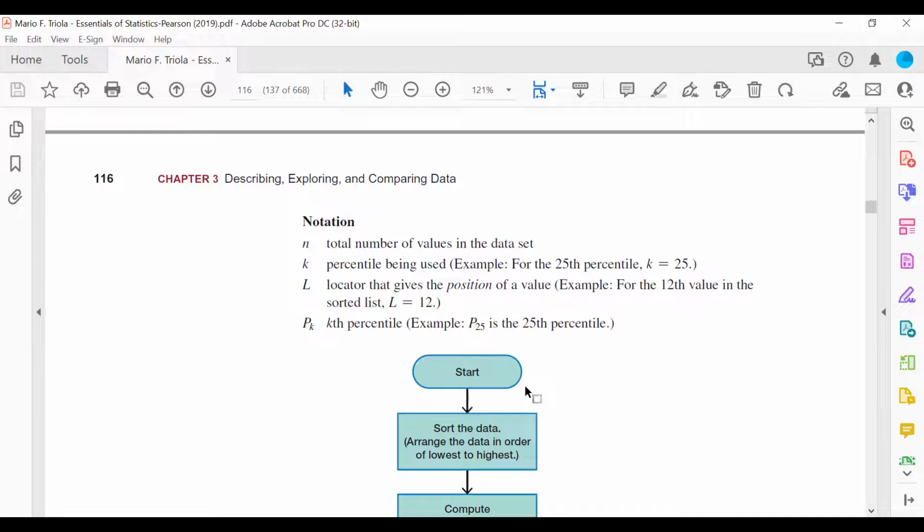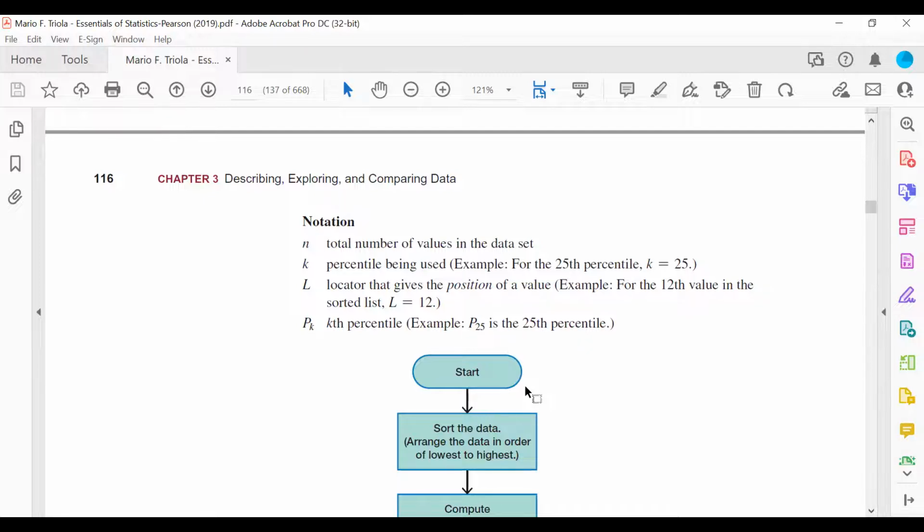That locator, capital L, gives the position of a value. So just like I told you, when you roll your dice, whatever the face value is, you sum them up, you got to move your piece, right? You're going to be moving along until it tells you where to stop. That's the locator. The number that's the L will tell you where to stop.